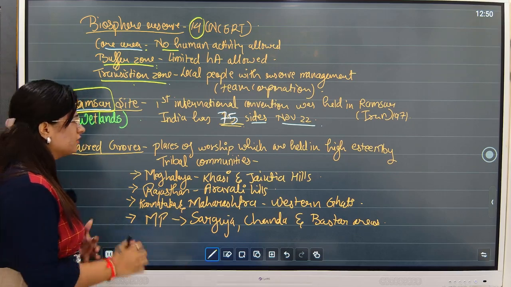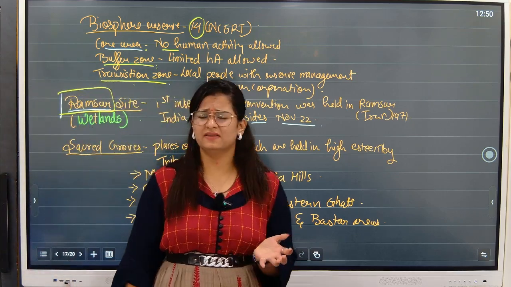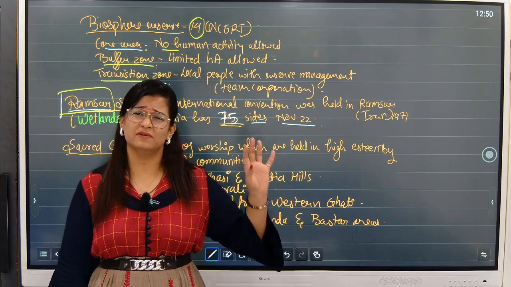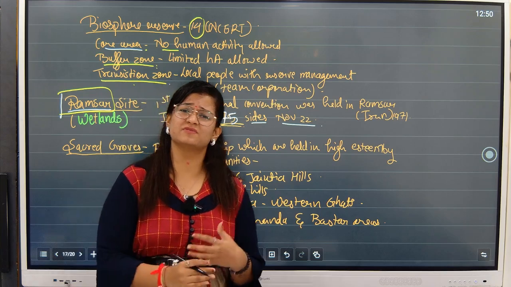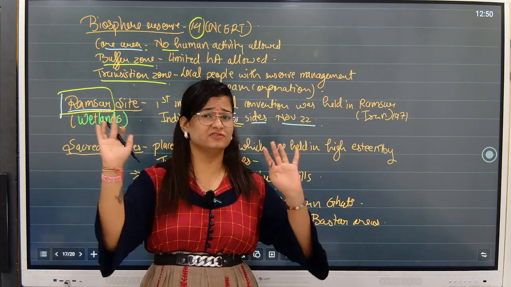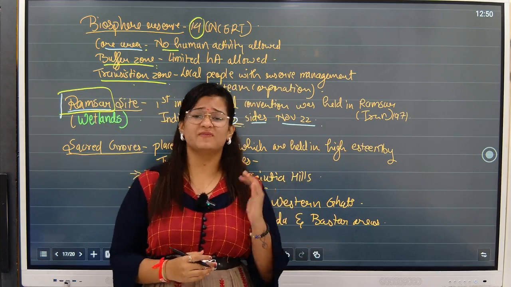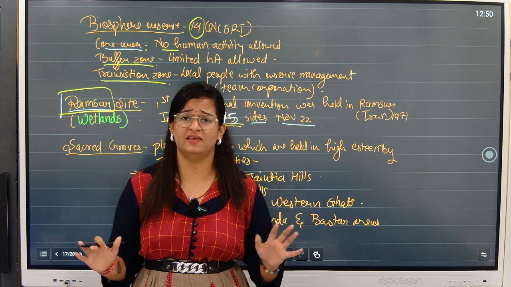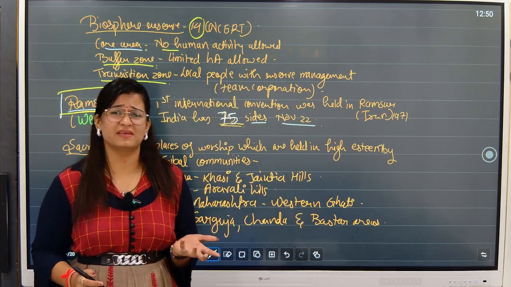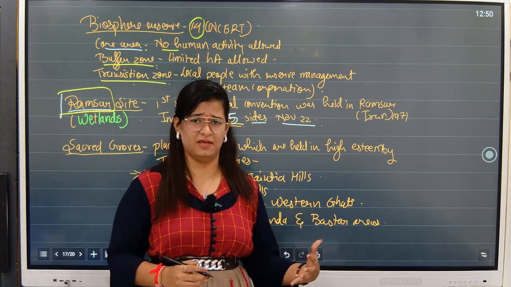Next are sacred groves. Sacred groves are places which have certain spiritual or religious beliefs, and we call them sacred groves. Majorly in sacred groves we have a lot of hilly and valley areas. The trees there are also called sacred trees. We have many such things, right?